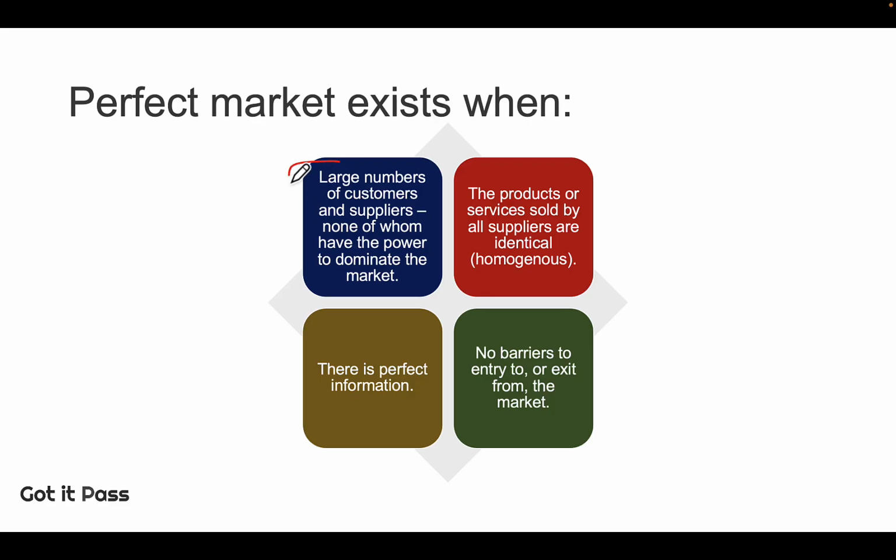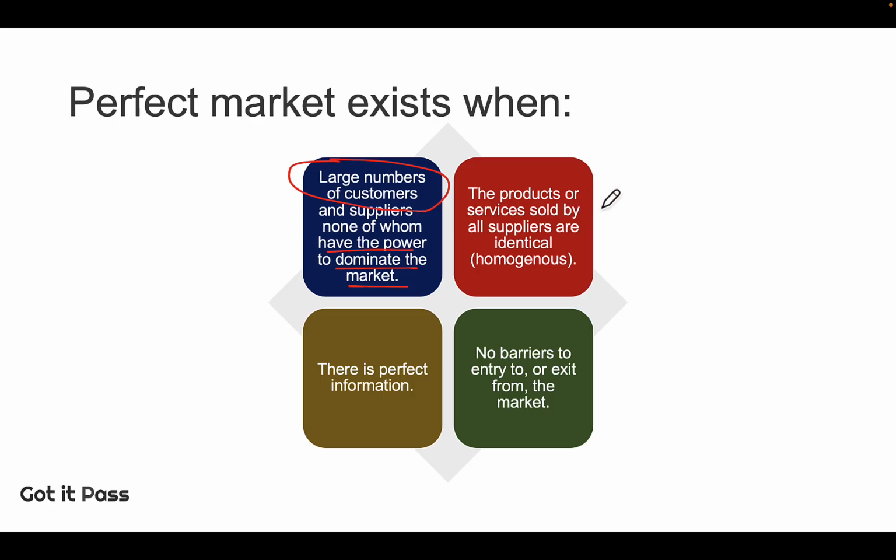So here we do not have just one or two suppliers or customers in the market. We have uncountable numbers of suppliers and customers, and for either side, no one has the power to dominate the market. It means they have no power to influence the price of the products sold in the market.